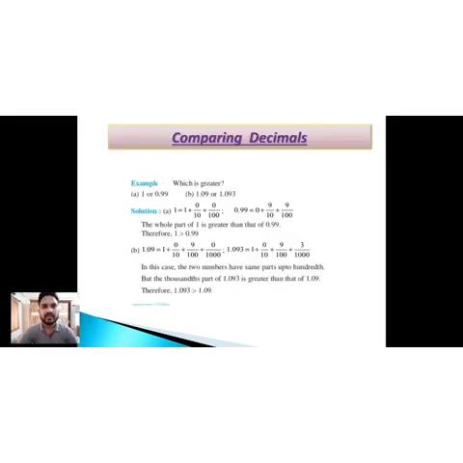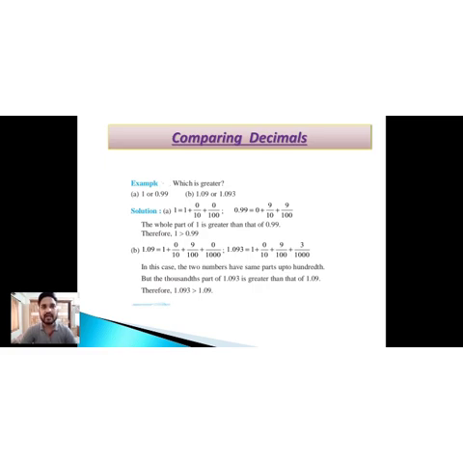Now for the next slide we take some examples. The first example is which is greater. We have two questions. First, A: which number is greater, 1 or 0.99? Now let's go to the solution.